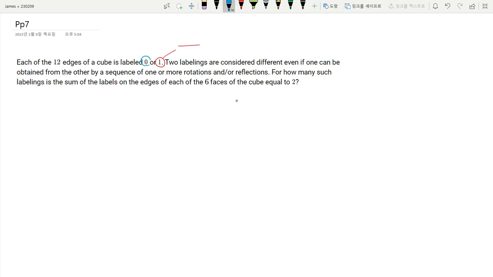I'm going to label an edge with one for red and label an edge with 0 for blue. So for all the faces, the sum of the labels on the edges is 2. That means there will be 2 red edges and 2 blue edges on each face.